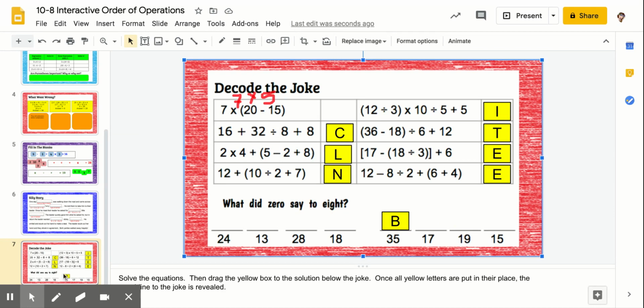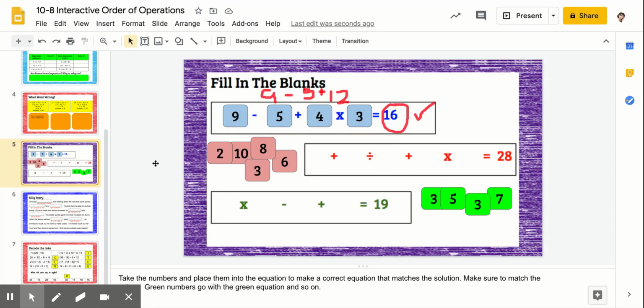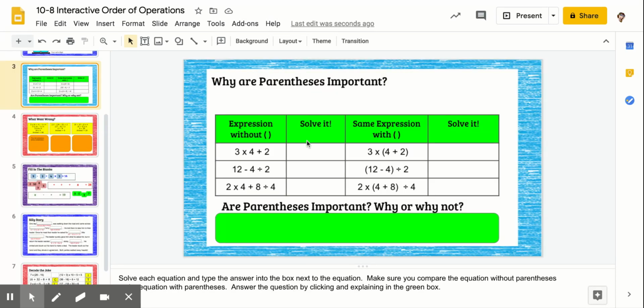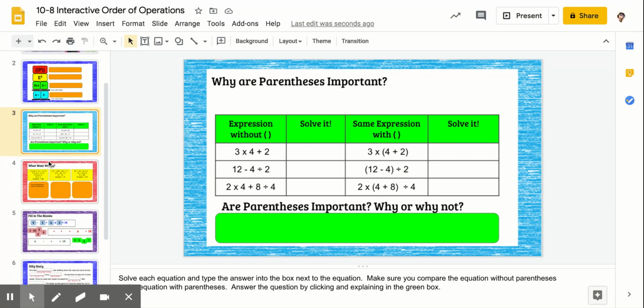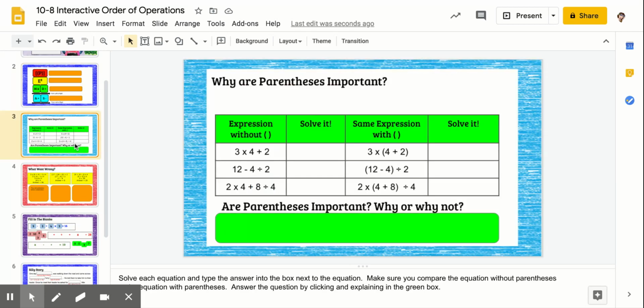And so that is our assignment for today. All in all, you have 20 problems, but honestly, and then labeling your PEMDAS chart, but that shouldn't take long. So 20 problems.